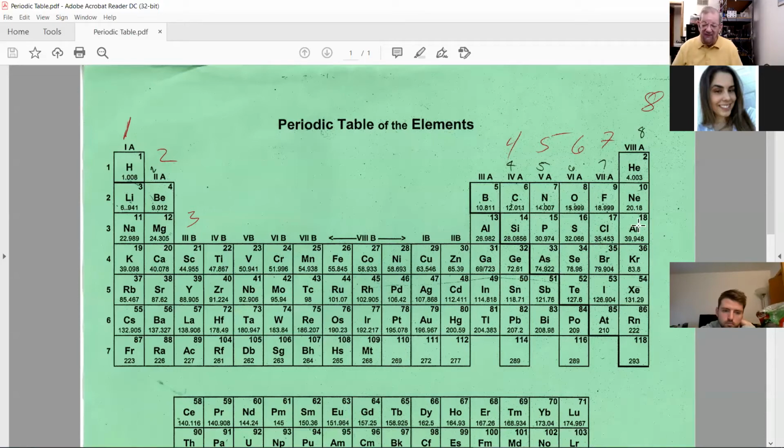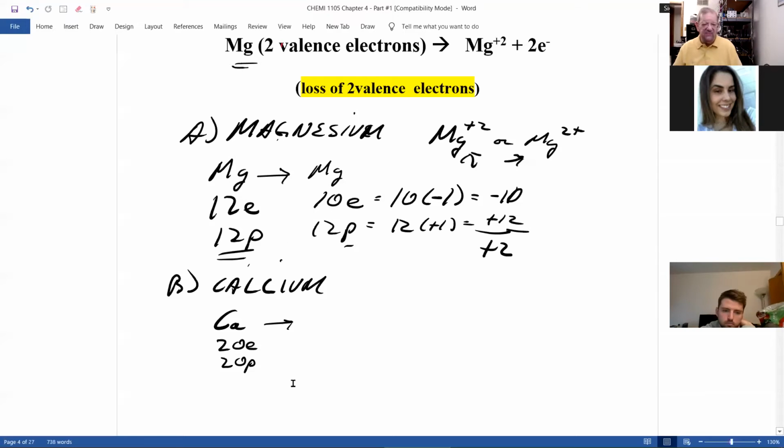And time's up, hopefully I'll pick 2. So calcium wants to have the same number of electrons, also valence electrons, as argon, which is 18. So if we go back here, it wants to have 18 electrons, but it will still have 20 protons.